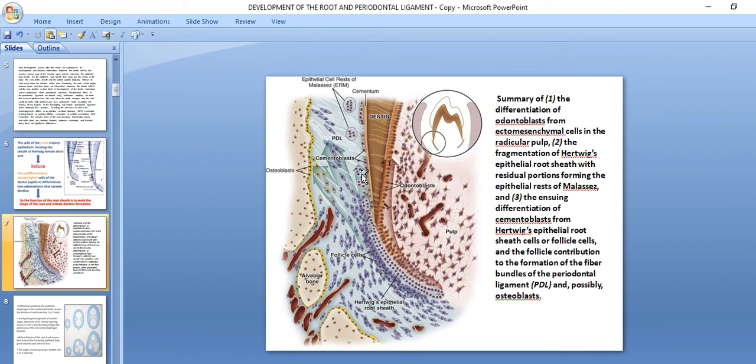The epithelial remnants here are retained and subsequently form the epithelial rest cells. Here you can see some islands which are called epithelial cell rests of Malassez. And in the periodontal ligament here, this is the developing periodontal ligament.